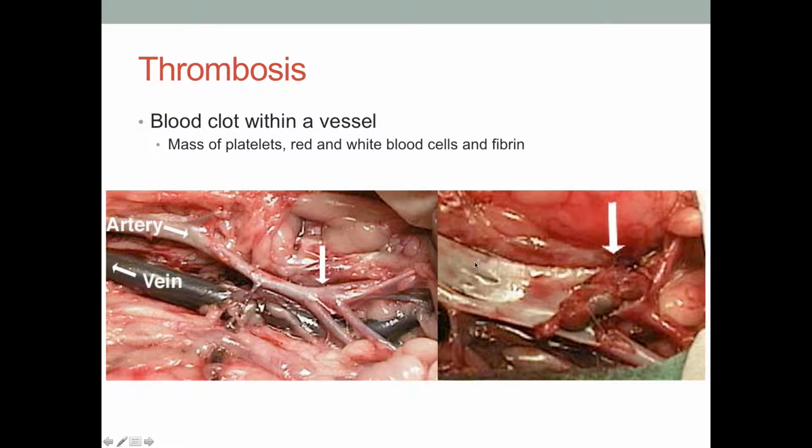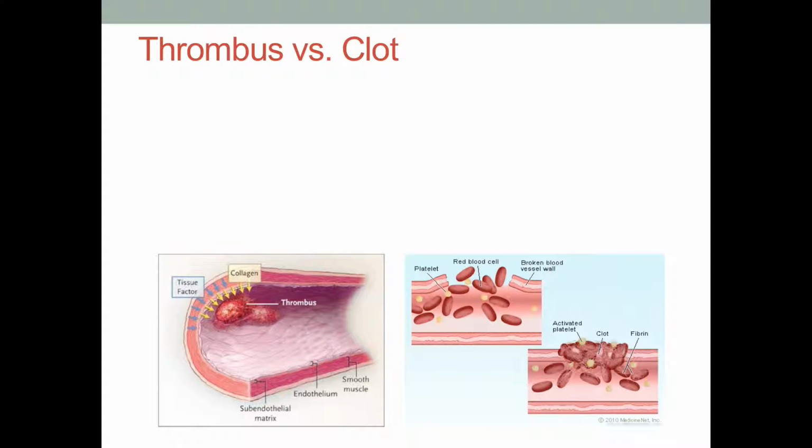But once you open up that vessel, you find this really interesting organized mass of cell components referred to as an intravascular clot or a thrombus. This is different than a clot you would see forming because you've cut yourself and you want to limit blood from leaving the circulation. A thrombus is an intravascular clot that maintains a site of connection to the blood vessel wall.